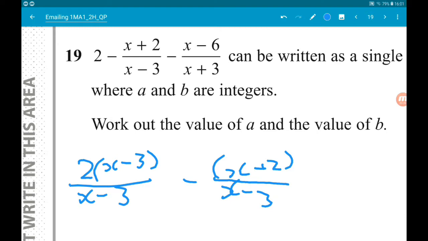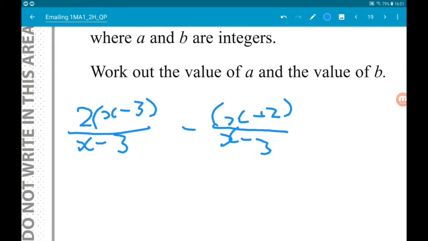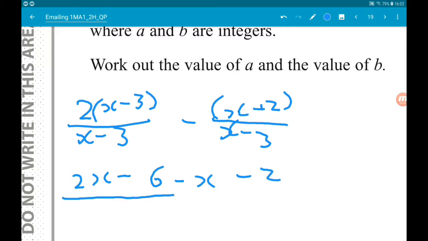Okay, so now that we have common denominators, we can just subtract across the top. So if we expand the brackets on the first fraction, we get 2x minus 6, and then we get minus x and minus 2, all over x minus 3.